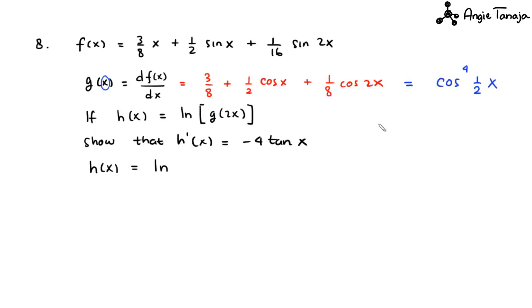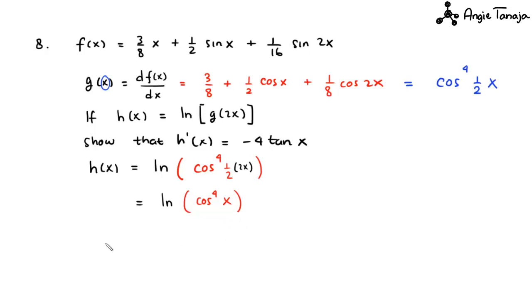Now, so then I can change the g to x to be cos 4 half times 2x, right? So then it becomes ln cos 4 to the x. Okay?